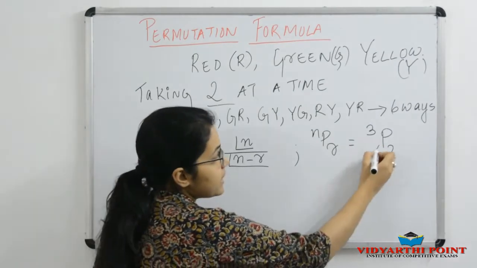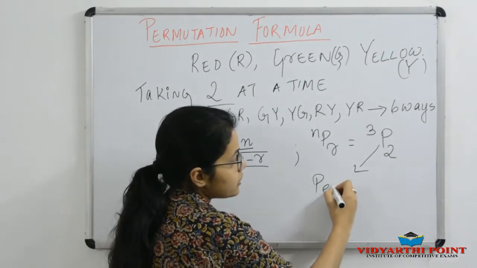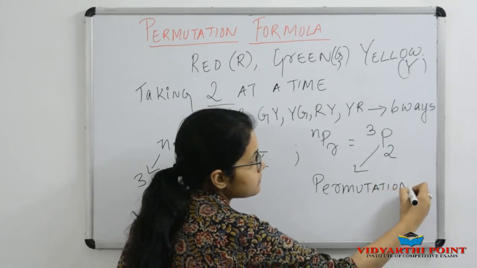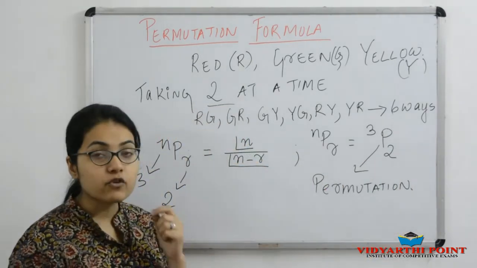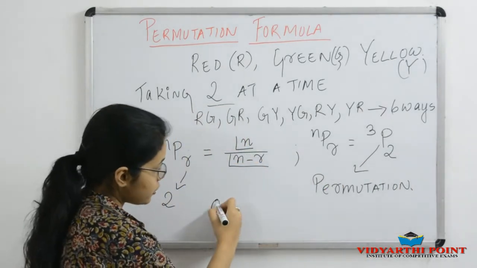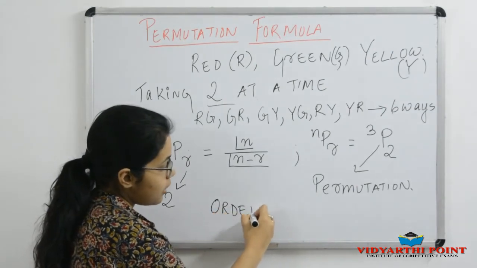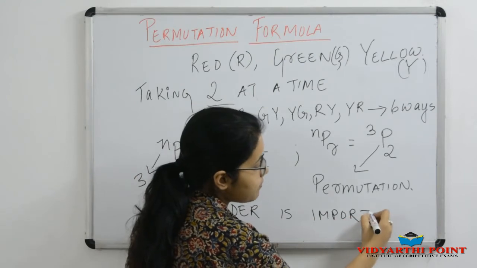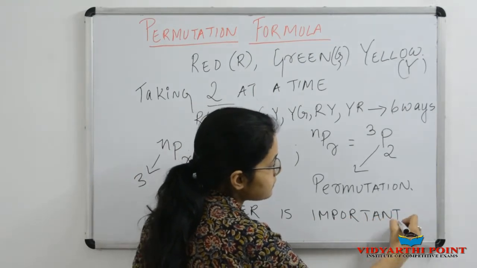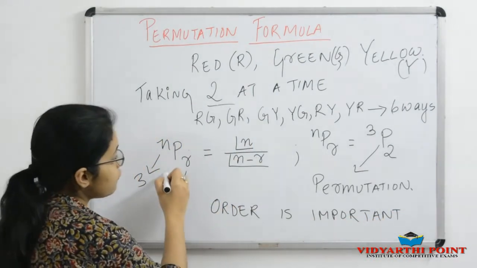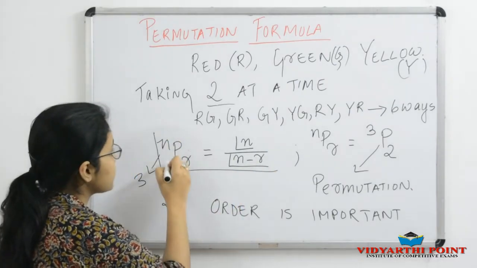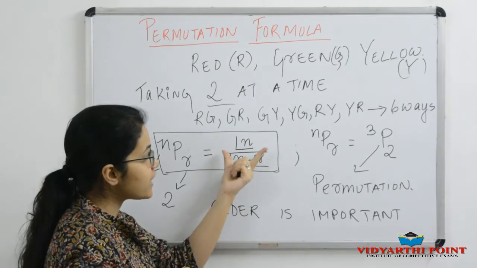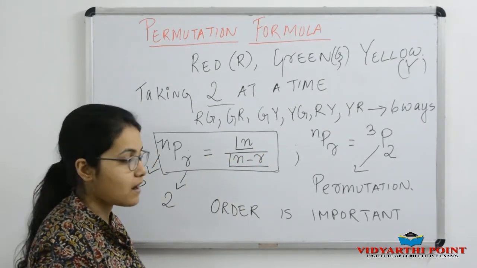Here P is your permutation. We have to always remember that in permutation, order is important. So this is your formula for permutation, that is, NPR equals factorial N by factorial N minus R.